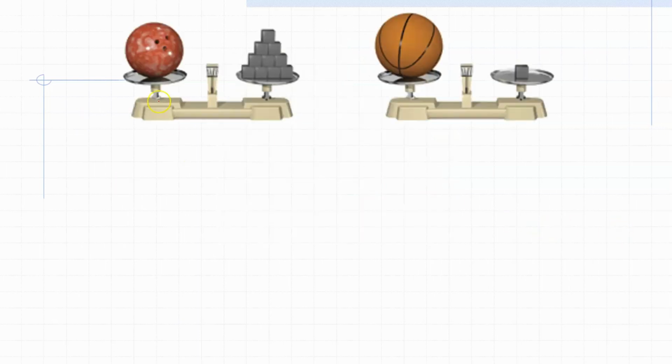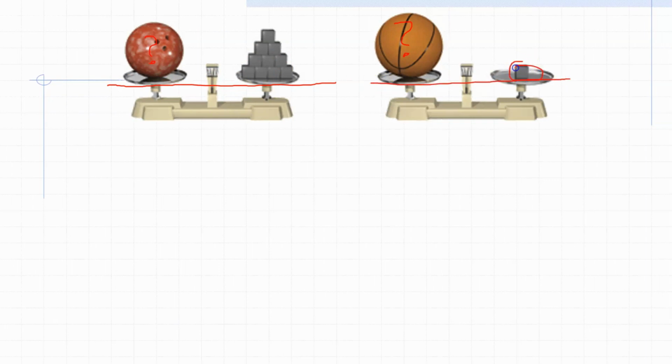The way you use a balance scale is you take your unknown mass, or not sure, the mass of the bowling ball or the basketball, that's our unknowns. And we get the balance to be balanced, level, by adding masses that will make this side level. Of course, a basketball has less mass than the bowling ball, so less masses to get it to equilibrium or to a balance point.